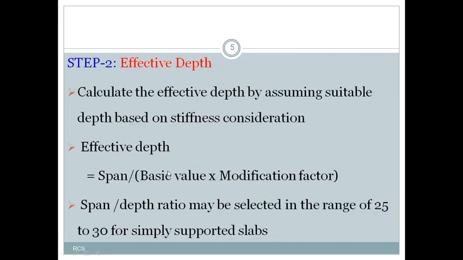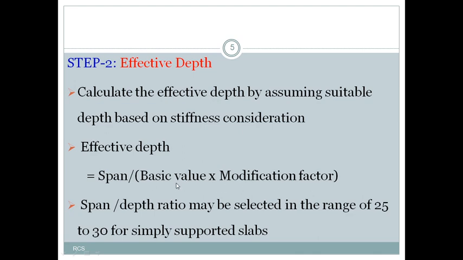Then the second step would be calculation of effective depth. Here we have to assume a suitable effective depth based on the stiffness criteria. You know what the stiffness criteria is; we have just discussed limiting stiffness, where there are some basic values. That is the L by D ratio, which gives the basic value for different categories of beam. So the effective depth of a slab can be calculated as span by basic value multiplied by modification factor.